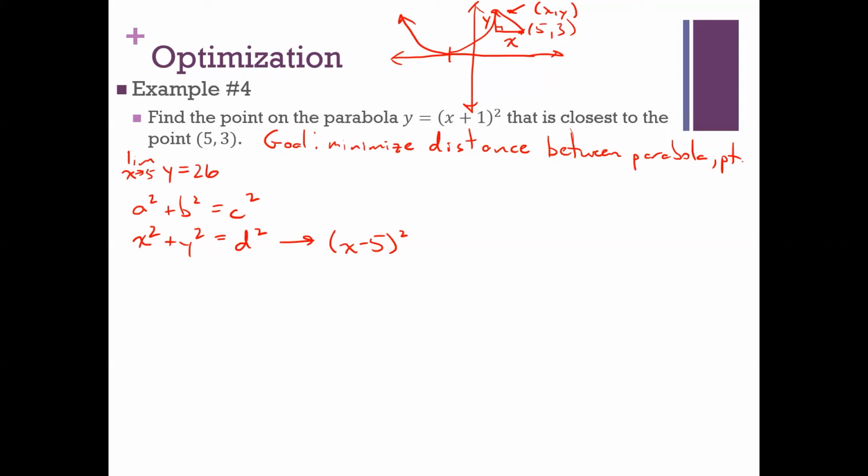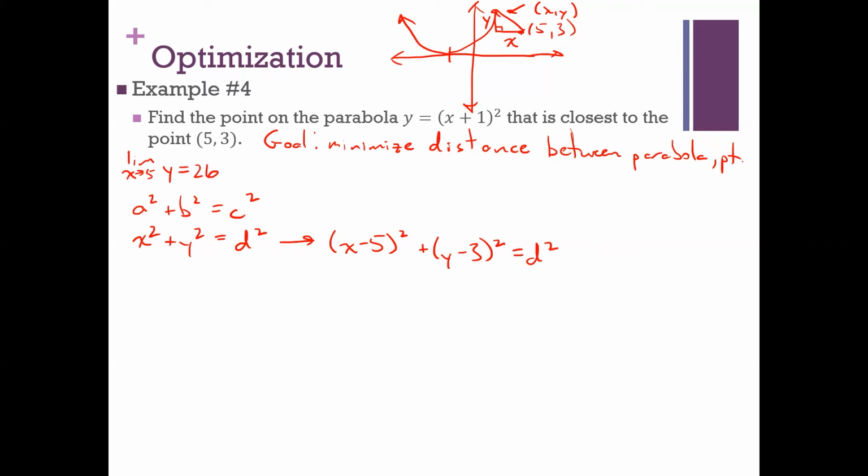Similarly, what is Y? Or what do I have to do? What do I have to modify that Y squared bit with? Y minus 3. So yeah, if I was trying to find the distance from that parabola to the origin, then I could just leave it x and y, right?